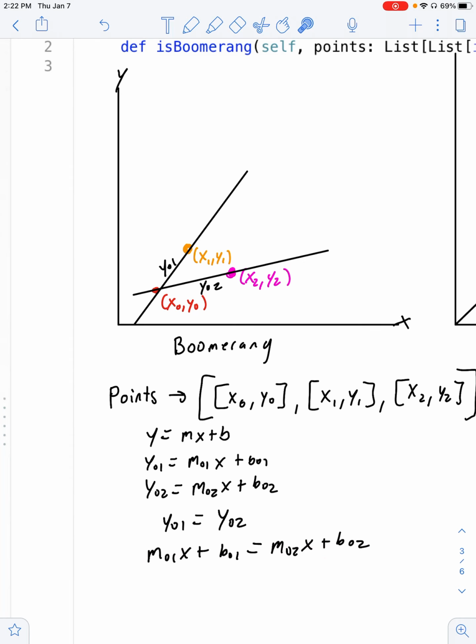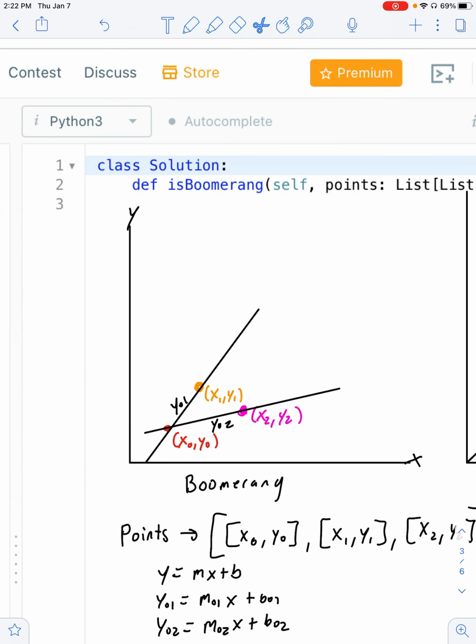When we're solving this problem, it's really about the relative distances between the points, the distance between x1, y1 and x0, y0, and the distance between x0, y0 and x2, y2. But it doesn't really matter where the points together are located on the coordinate plane.